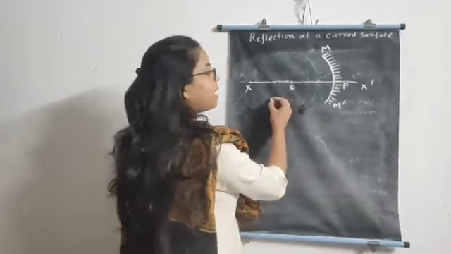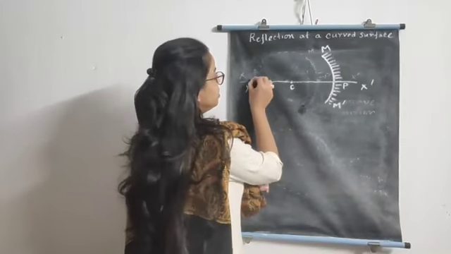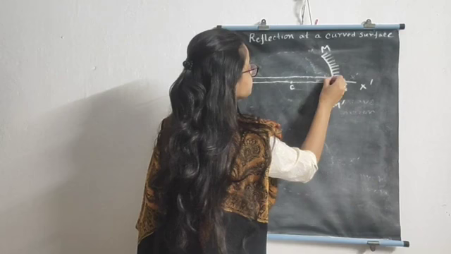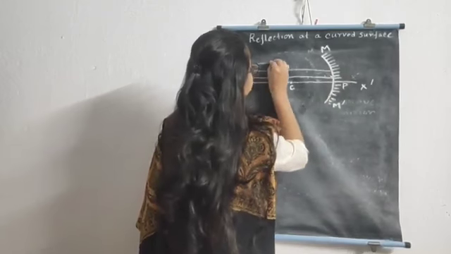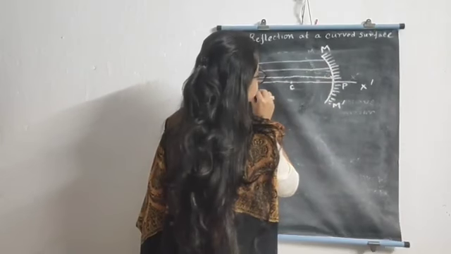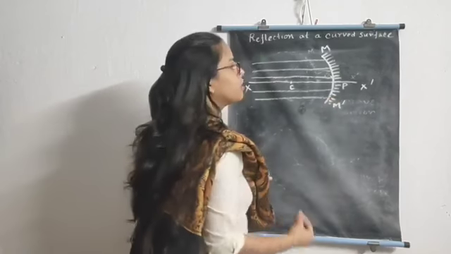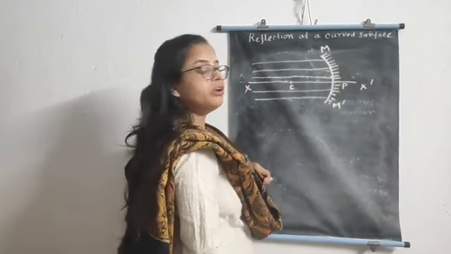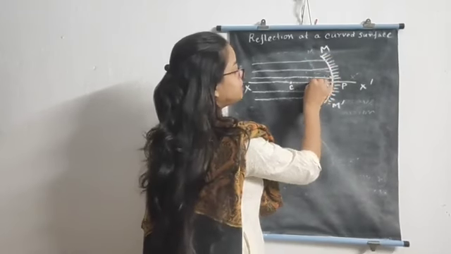If a parallel beam of light that is also parallel with the principal axis falls on the surface of the mirror, like this, after performing reflection, it will meet at a point on the principal axis like this.